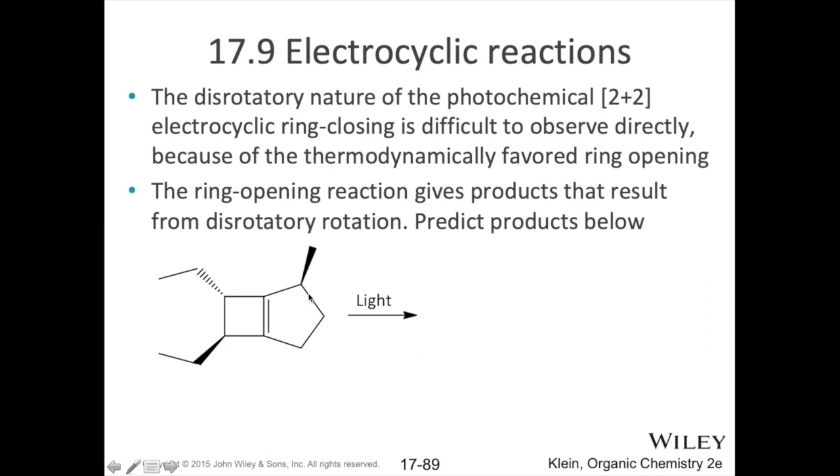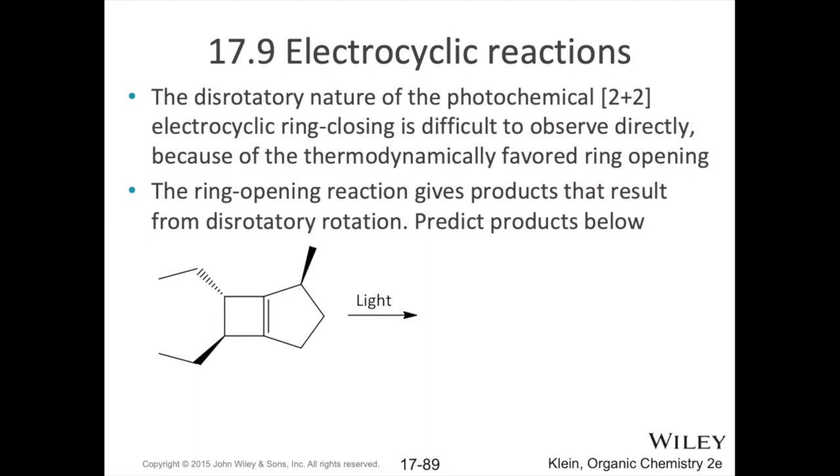Okay, so you're kind of doing this backwards. So here you can see that we've closed this ring here and we've got a double bond over here. So you could imagine that this bond across from it was the one that we formed. So the product we're going to have here is where this is opened up, okay, and we have a double bond here, and this is a single bond. But the question you've got to ask yourself is, are we going to do a conrotatory or disrotatory rotation to do this?